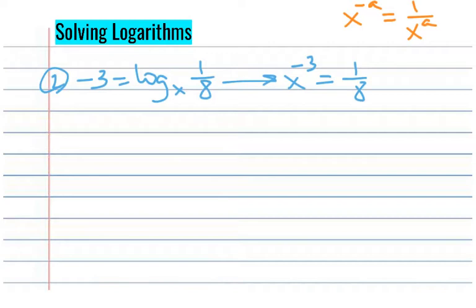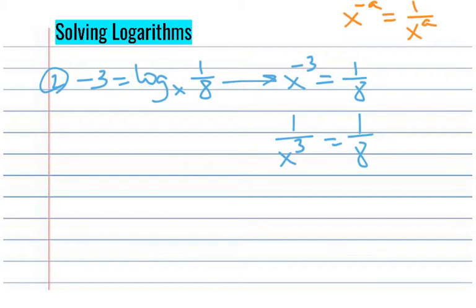So on our little problem, we have x raised to the negative third. In order to make that a positive exponent, we can rewrite that as 1 over x to the third equals 1 over 8. Now that I have two fractions that are equal, we know that they're proportionate to each other. I look at my numerators and I see that both are 1. Then my denominators are going to be the exact same number.